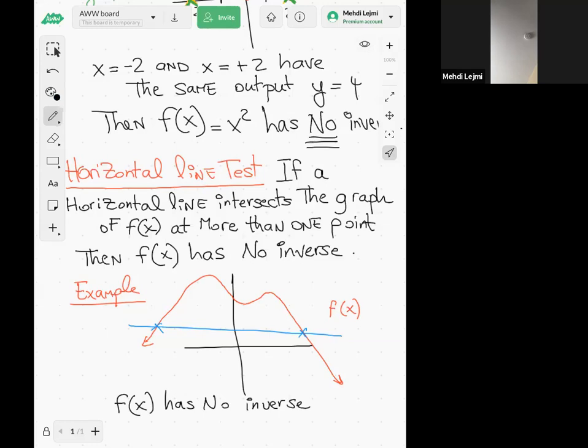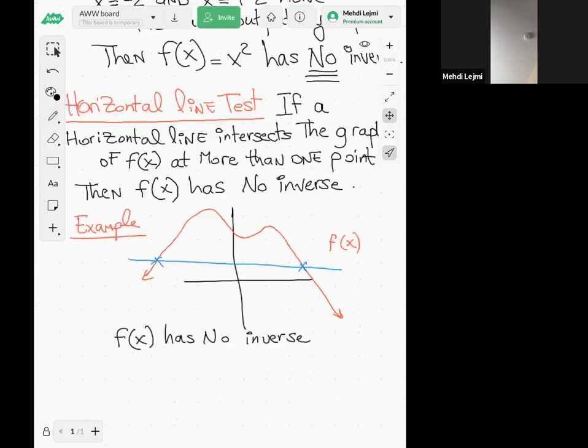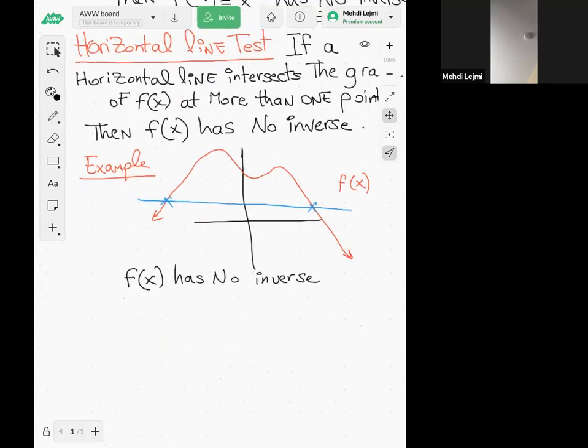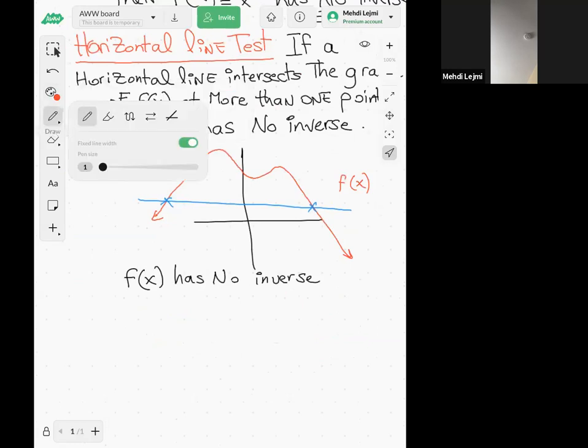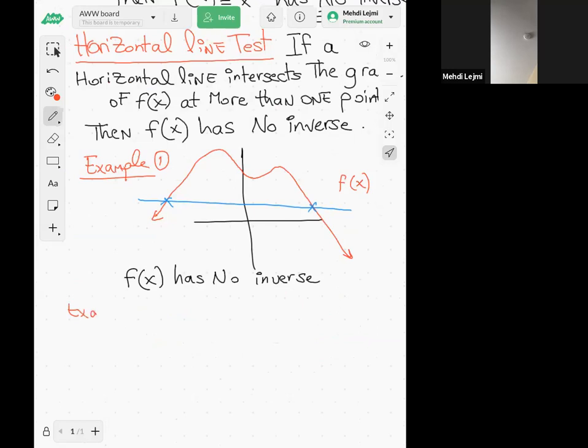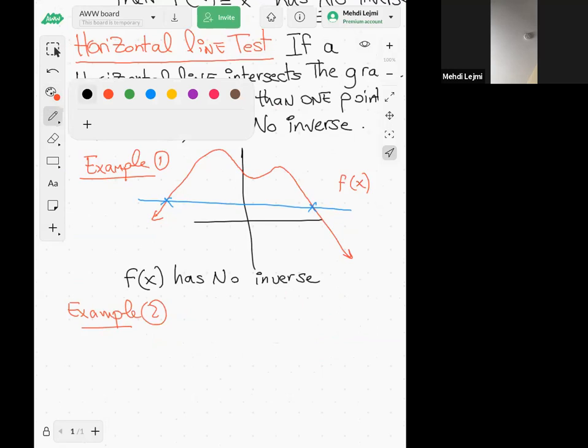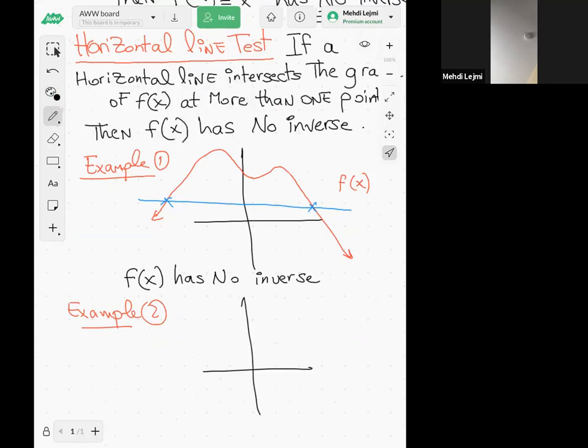Okay, another example, let's take x cubed, a graph of x cubed. So this is example number 2. So I'm going to graph x cubed. The graph of x cubed actually looks like something like this. Okay, so this is x cubed.